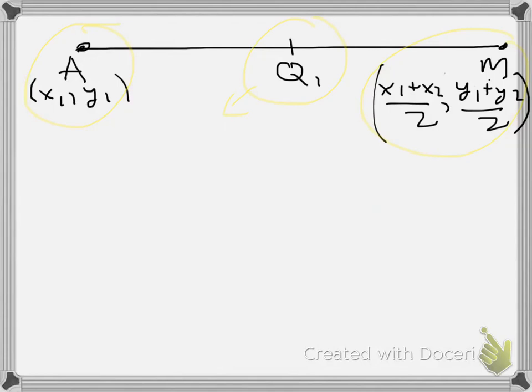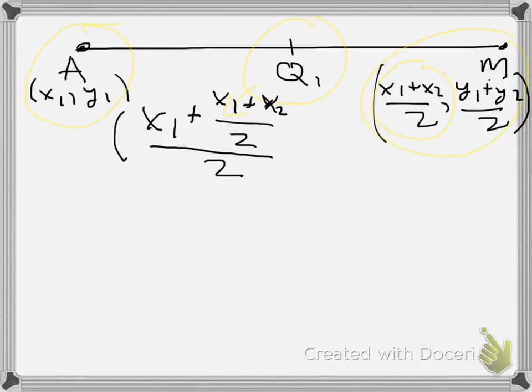So let's do that. We're going to get, let's average the x's. x1 plus, there's some x's here, so I'm going to average those. x1 plus x2 divided by 2. And then I'm going to put that all over 2. You can do it for the y's, but it's the exact same process.